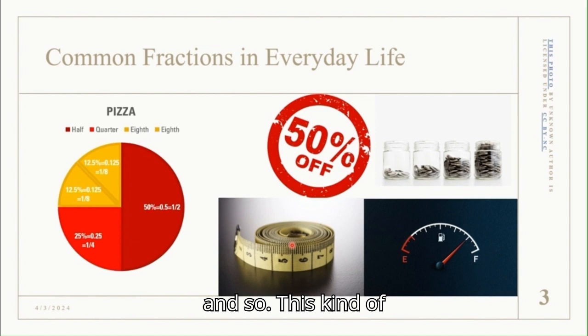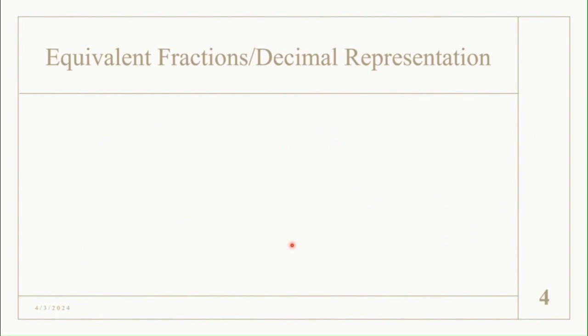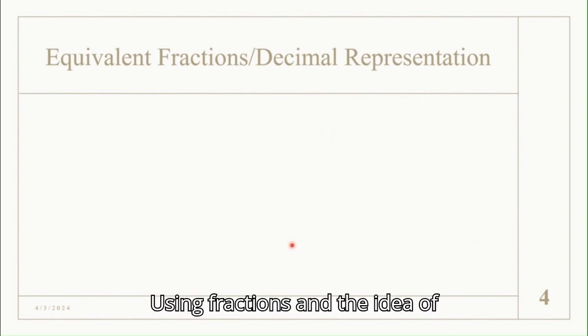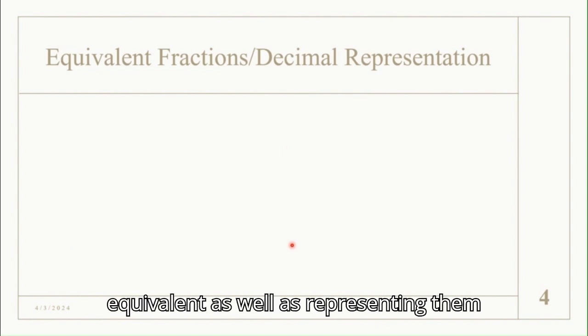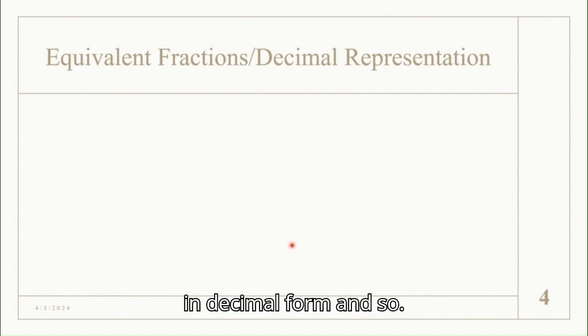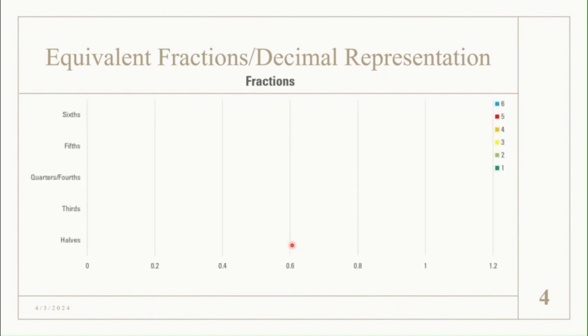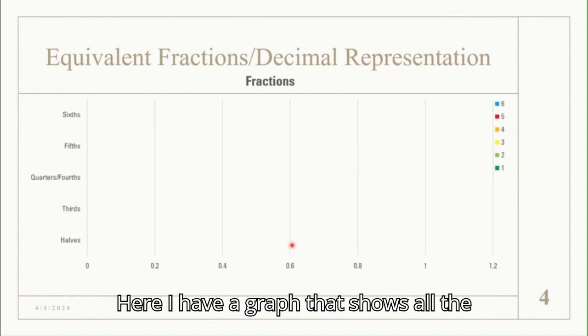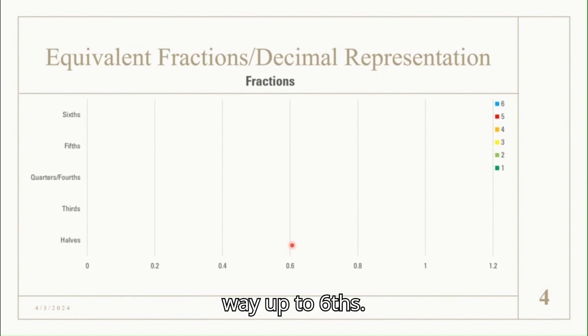And so this brings us into the idea of using fractions, the idea that there are fractions that are equivalent, as well as representing them in decimal form. Here I have a graph that shows all the way up to sixths.